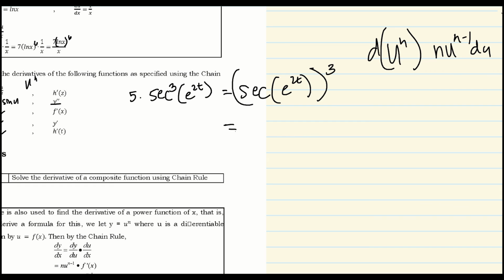So we have here 3 times sec e to t squared du, the derivative of sec.